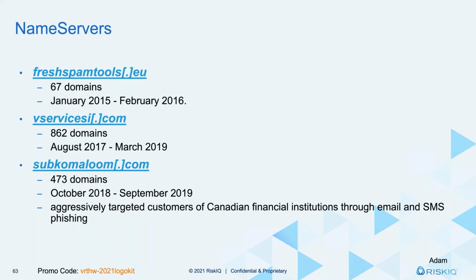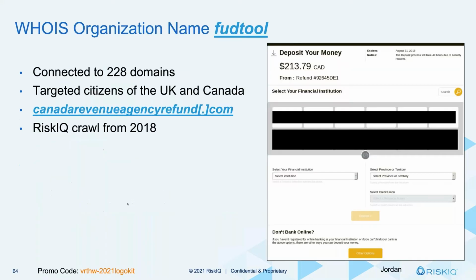No, I mean, they're all bad. What I'm saying is these may be the LogoKit actors themselves that are operating the domains tied to the name servers, or they may be people that are paying for DNS services. That's always the hard part when we're tracking groups that sell you the option to host it yourself, or the option that they'll host it for you on bulletproof infrastructure. Okay.